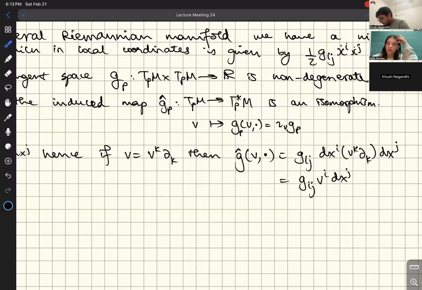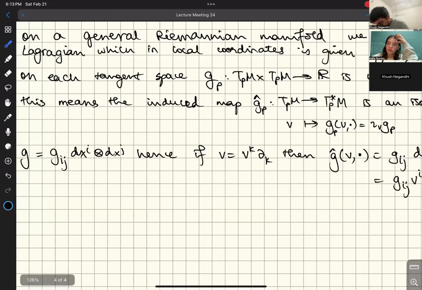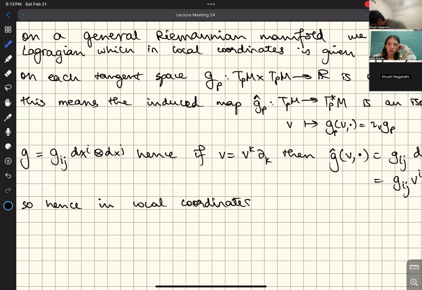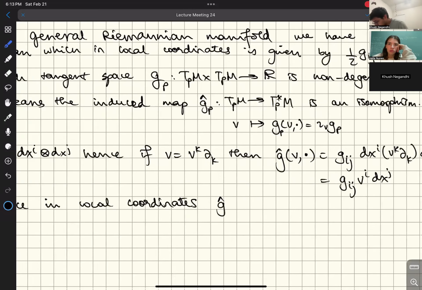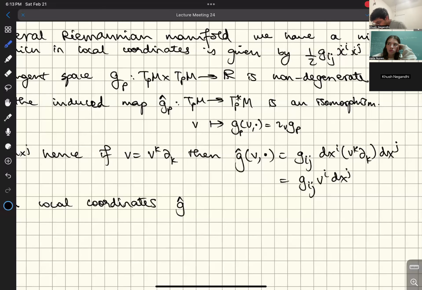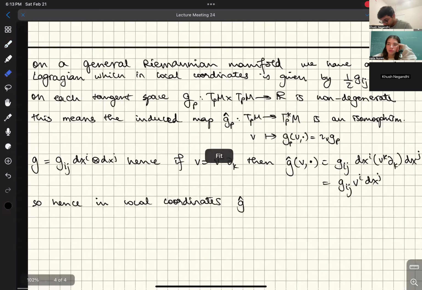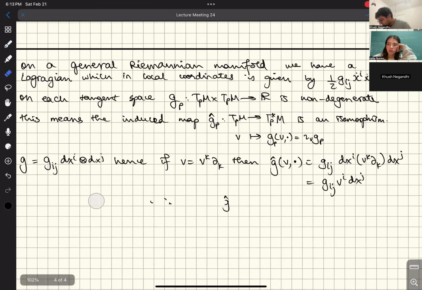Okay. So in local coordinates, this looks like this linear function. I'm not sure what else I'm trying to say. Okay. But now we actually get an inverse of this map, right?